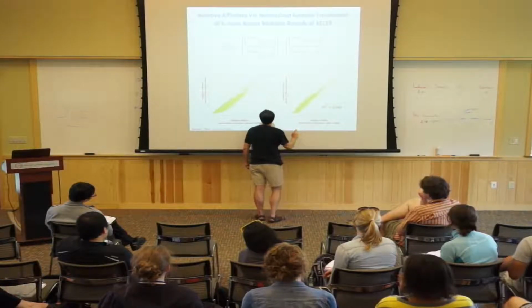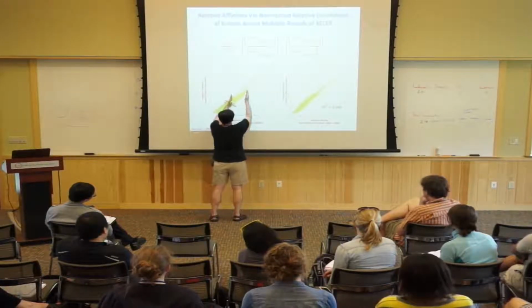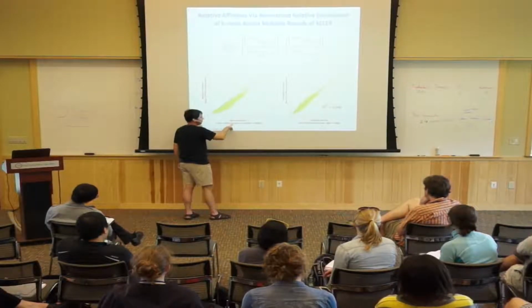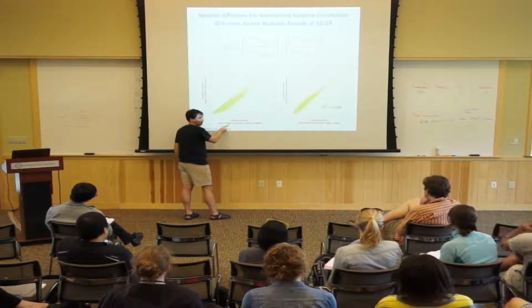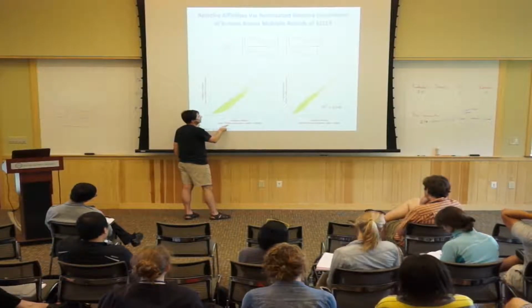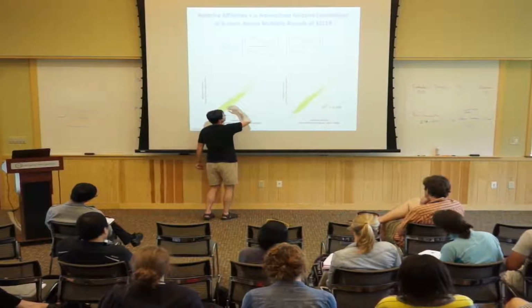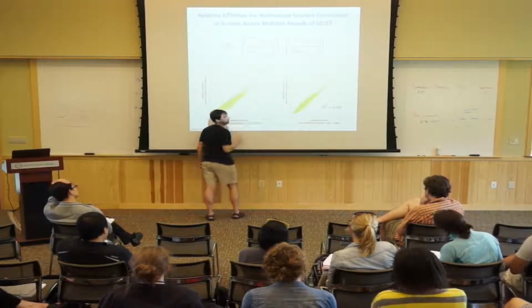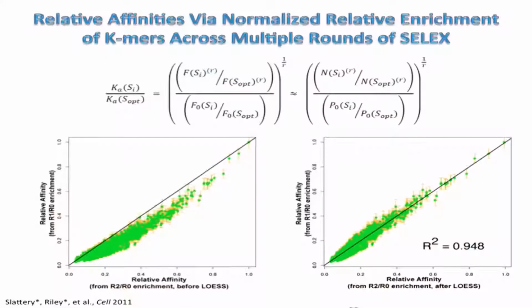What we want to do is maintain, within a local window, the precision of these affinity estimates, but normalize out the curve. So let's look at this cluster right here. In this cluster, you can see that the y-axis error bars are much bigger than the range of where these points are.